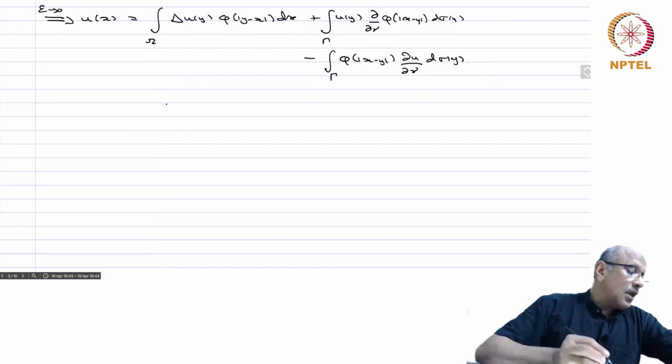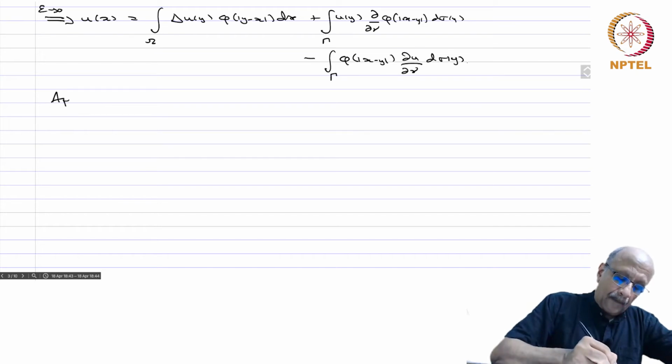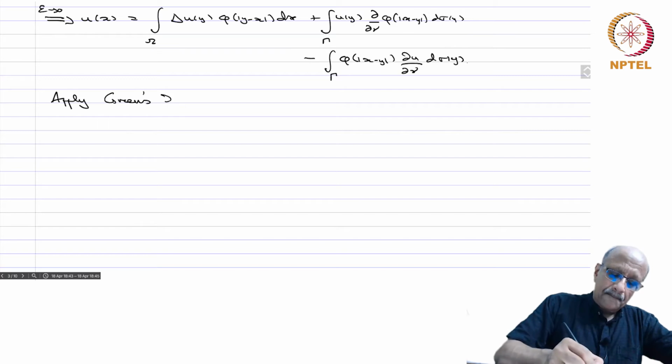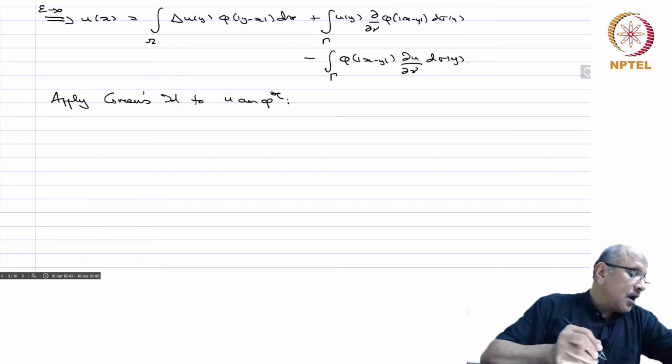Okay. So, now apply Green's identity to u and phi^x, because that is in H2, I can apply that also.